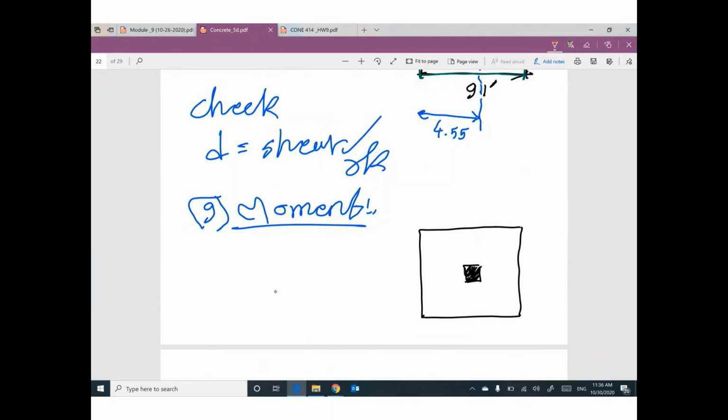At the face of the column. So can you tell me what is the length here right now? This one is easier. Any answer?